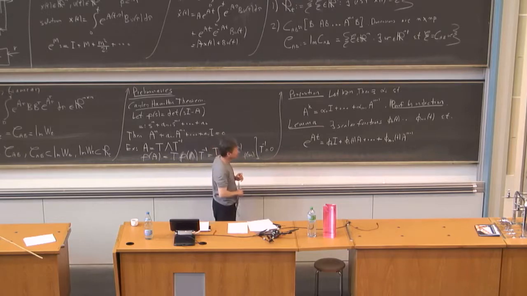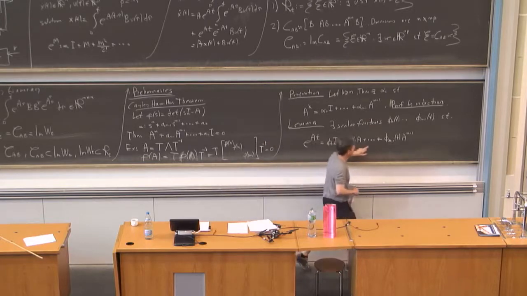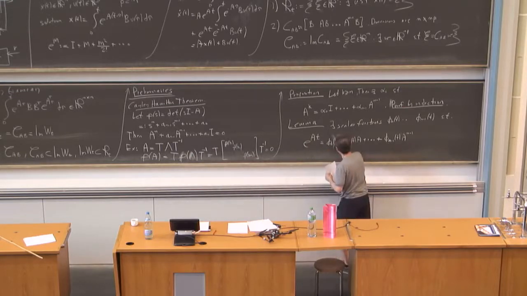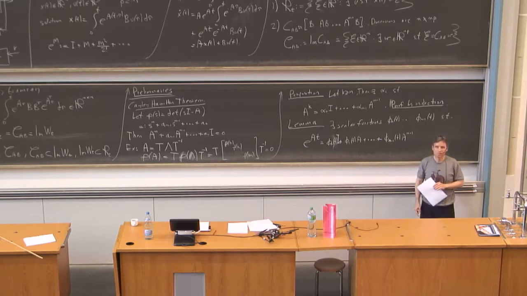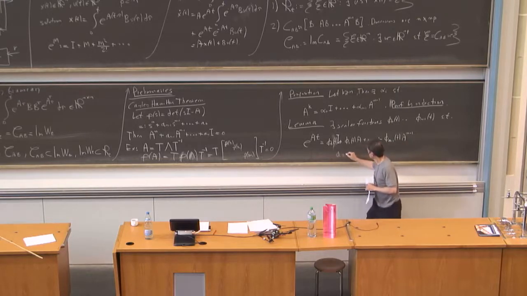Again, you should always do a simple sanity check. If A is a scalar, can someone tell me what these functions are? There's a non-unique way of expressing it, obviously. What's the simplest one? Phi sub i is equal to 0, and phi sub 0 is equal to e to the at.